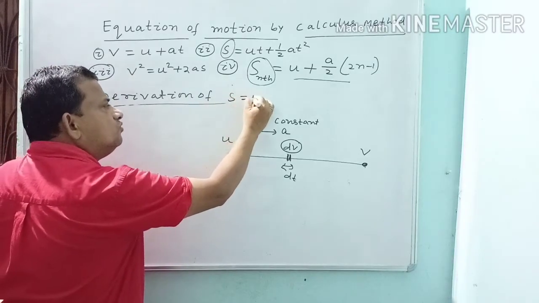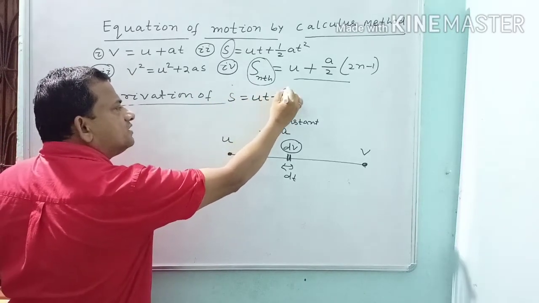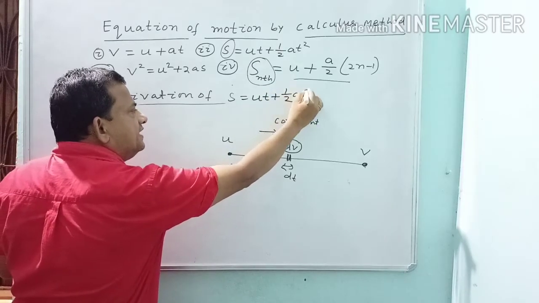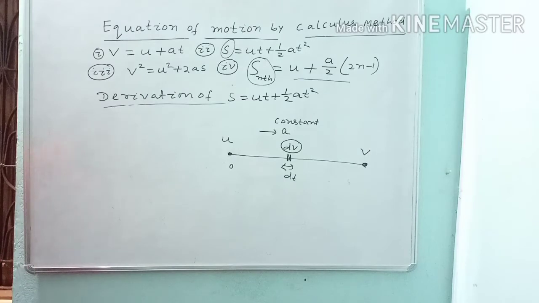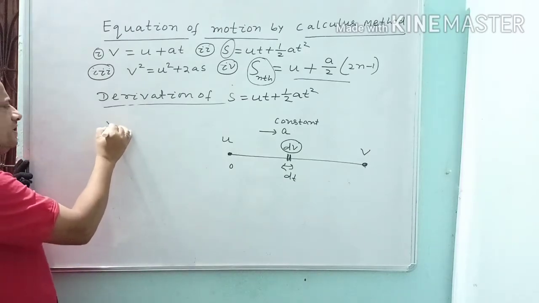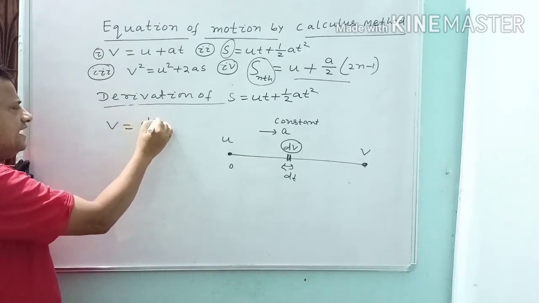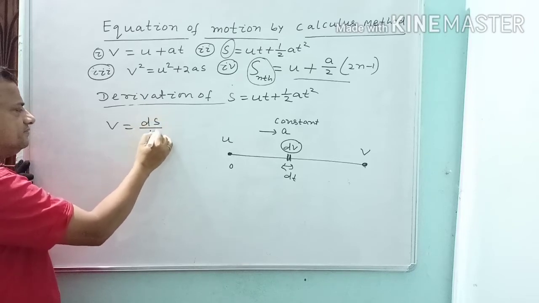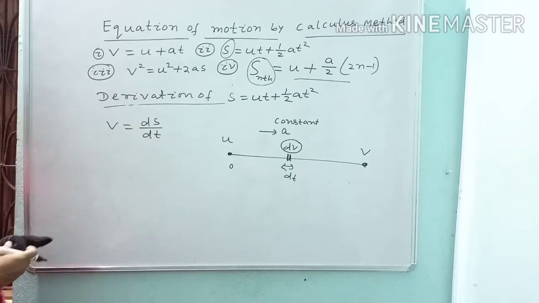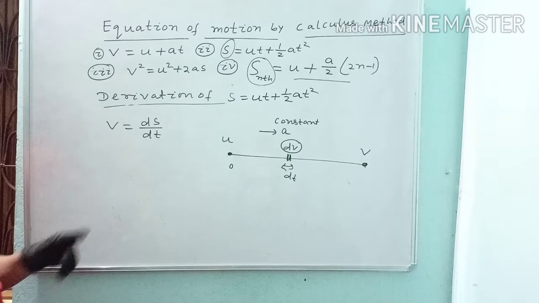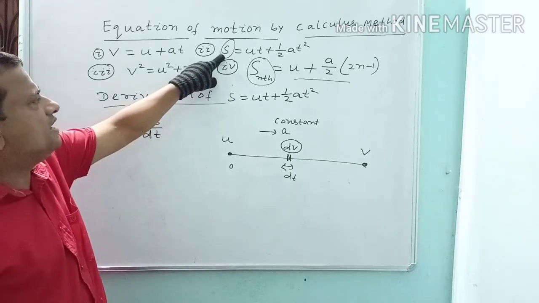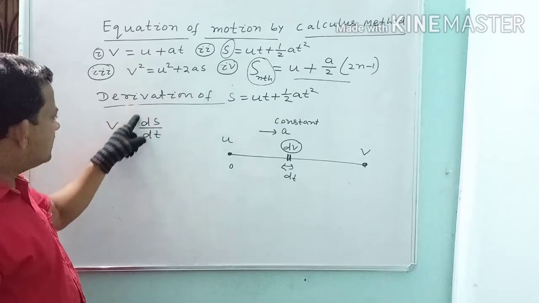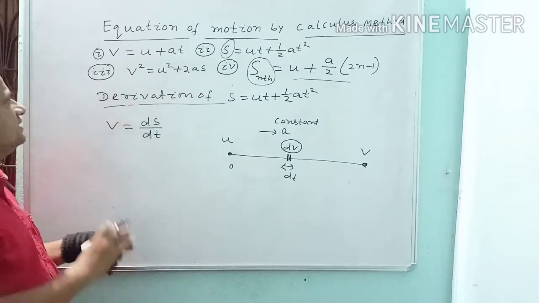How to derive it? You know v is equal to ds by dt. One says, sir, how can you know this formula is applied? You just check. Since you have to find out s, you have to take ds by dt.